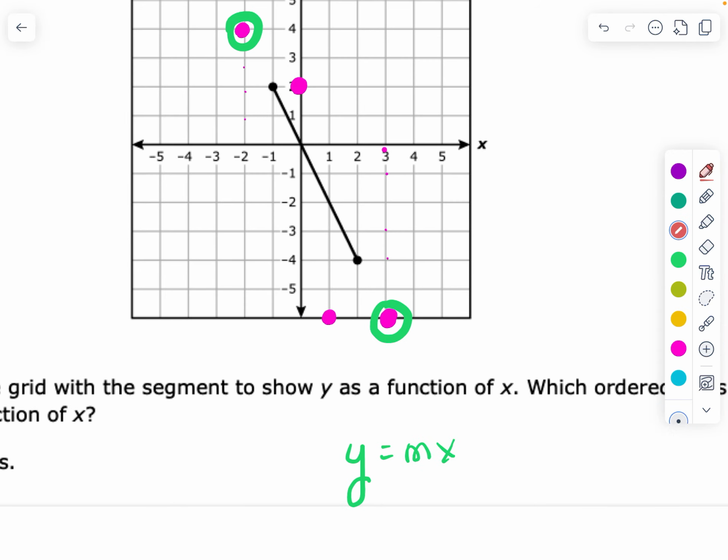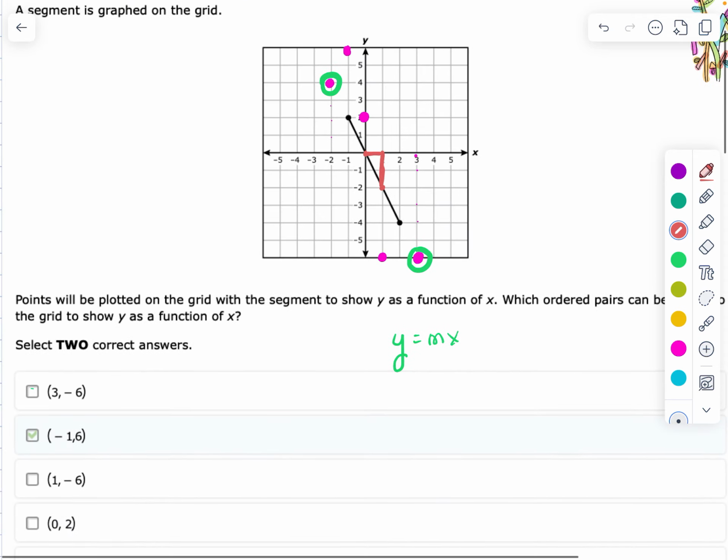Let me do a different color here. I'm just going to pick 2 points that I can see. There's 1, negative 2, and then 0, 0. And it's rise over run. So there it goes down 2, and it goes to the left 1. Okay? So my slope is negative 2 over 1, or just negative 2. So then I could say this is y equals negative 2x.